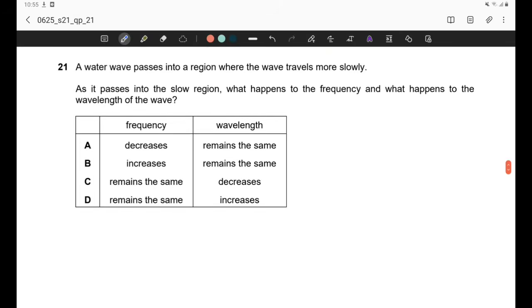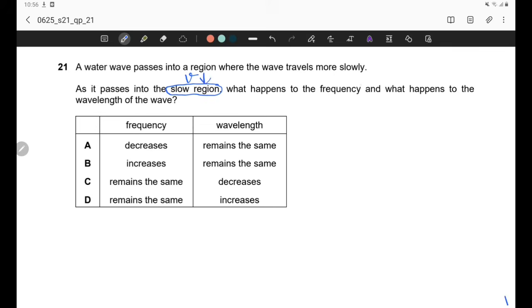Question 21. A water wave passes into a region where the wave travels more slowly. As it passes into the slow region, what happens to the frequency and what happens to the wavelength of the wave? As already mentioned, when the wave passes into a slow region, the velocity will decrease.